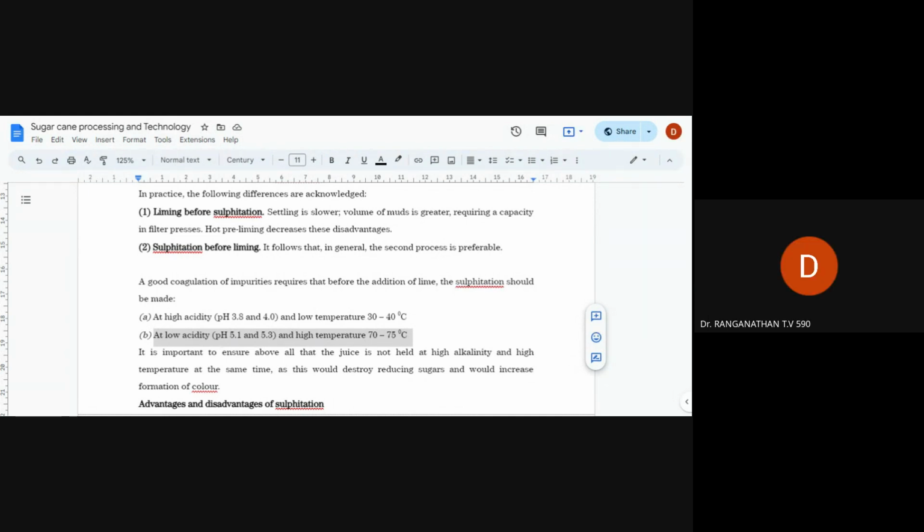Strong acid and weak acid? No, it is the same sulfite or sulfur dioxide that is used in either case. So how do I get a low or a high pH?